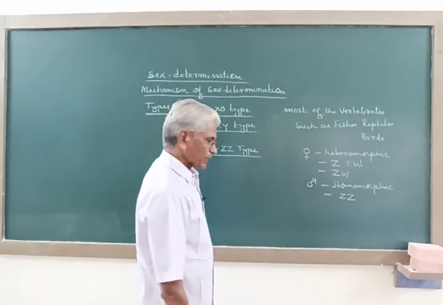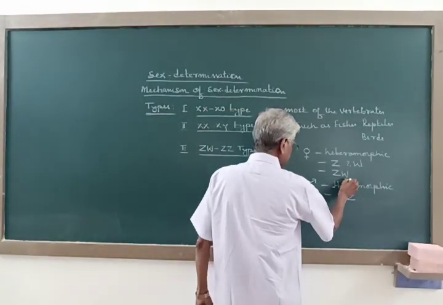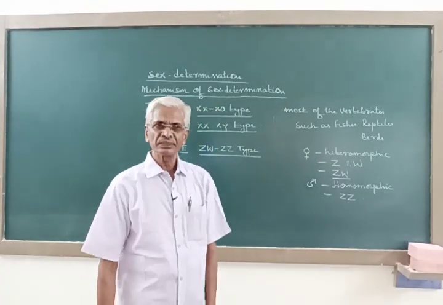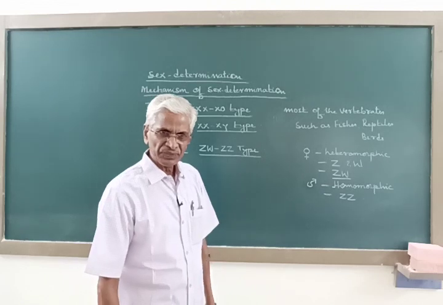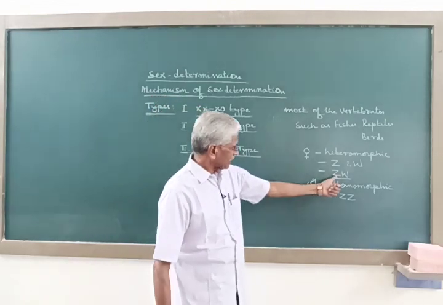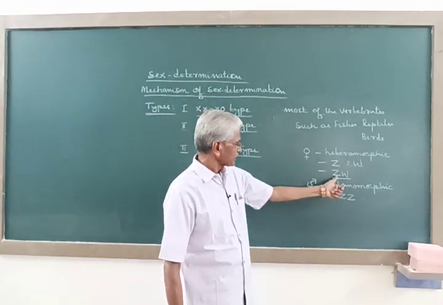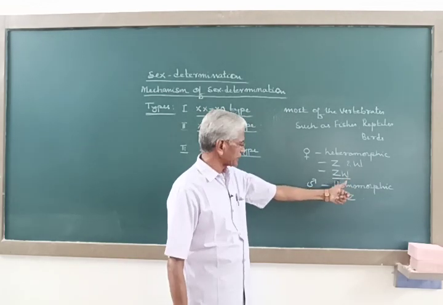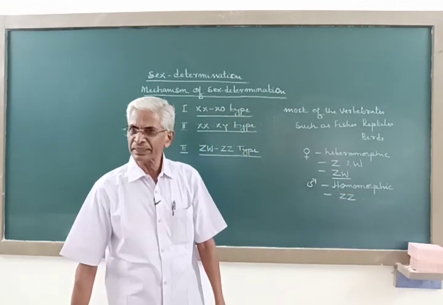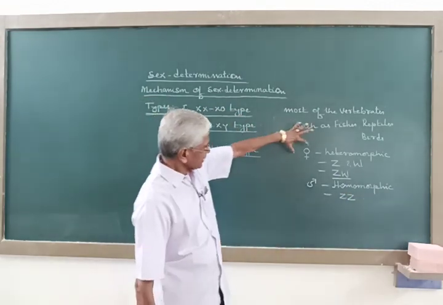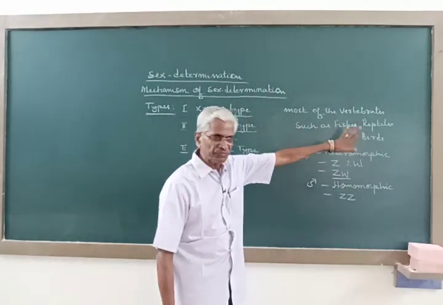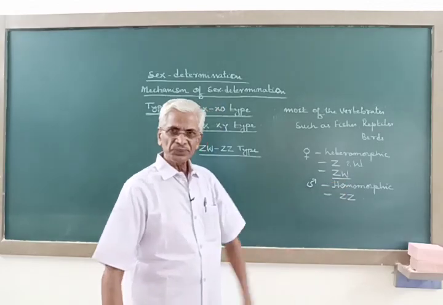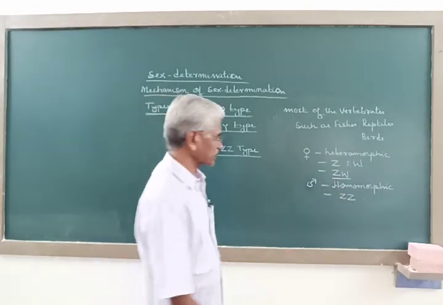Now here, female having dissimilar sex chromosomes, hence the female will produce two types of eggs, gametes. Half of the gametes will carry Z sex chromosome and half of the gametes or eggs will carry another sex chromosome, namely W. So here, female is not only heteromorphic with regard to the sex chromosomes, but will produce two different types of gametes, two different types of eggs.